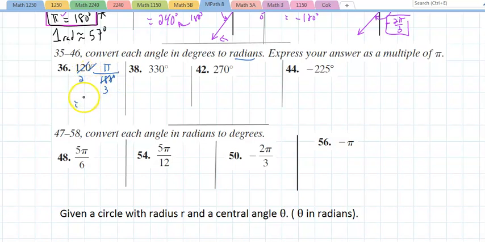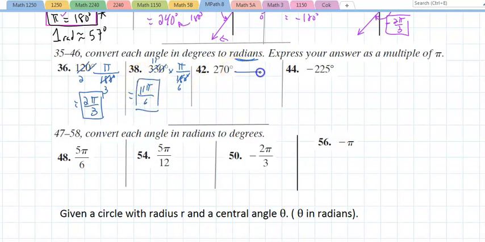So 120 degrees is the equivalent of 2 pi over 3. 330 degrees. If I multiply, I want it in radians. Radians at the top, degrees on the bottom. Those cancel out. Divided by 30, that's 11. Divided by 30, that's a 6.